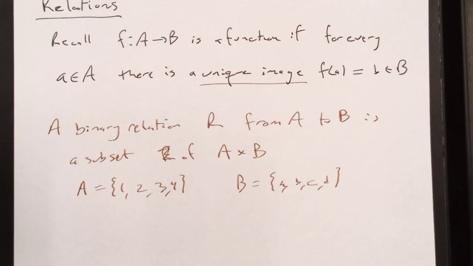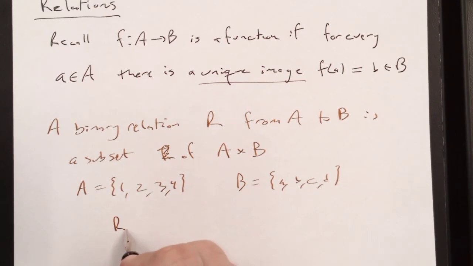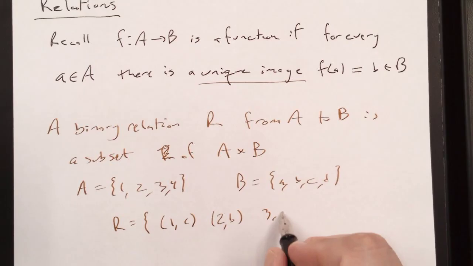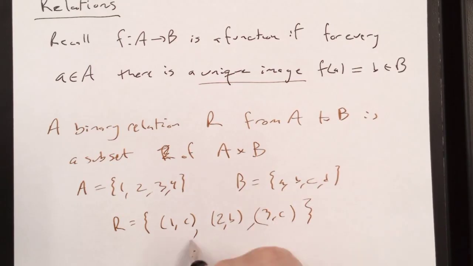All the possible ordered pairs, something in A in the front, something in B in the second, which means I can pick any subset you want. So, R. Let's see, I wrote down 1C, 2B, and 3C. That's a relationship between A and B.